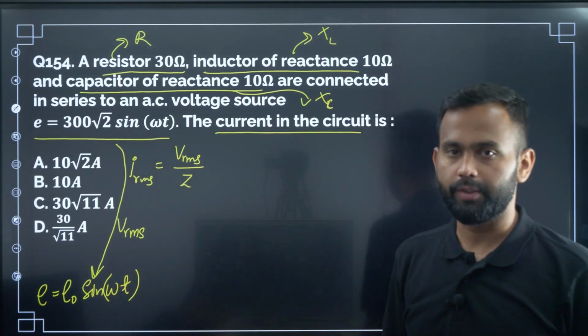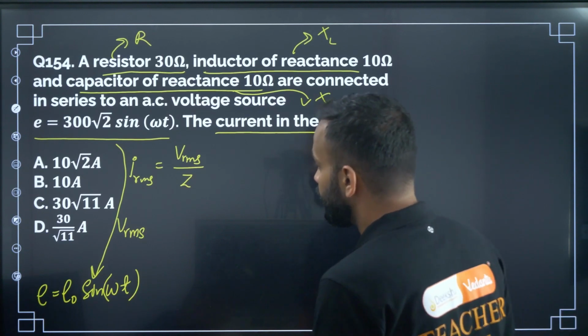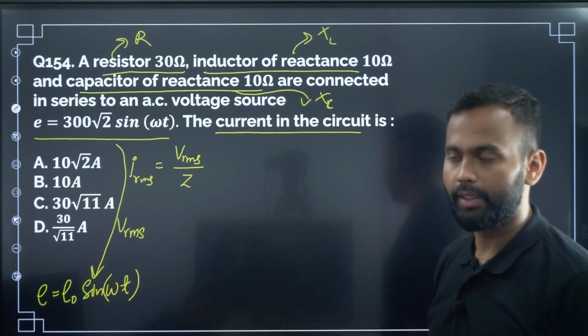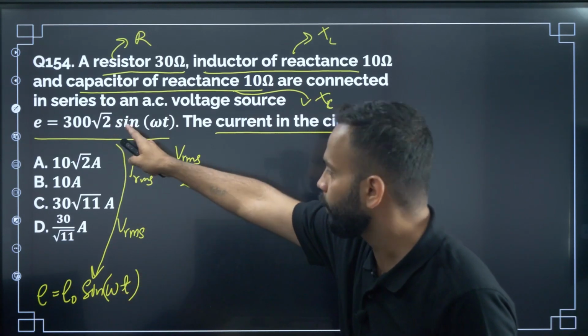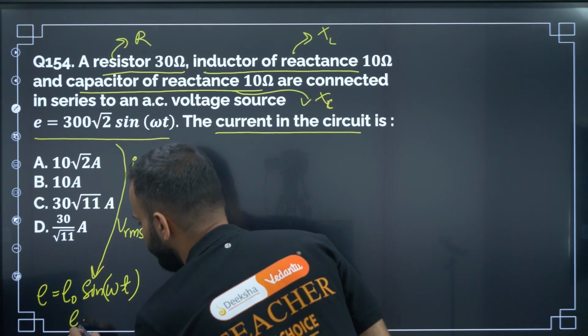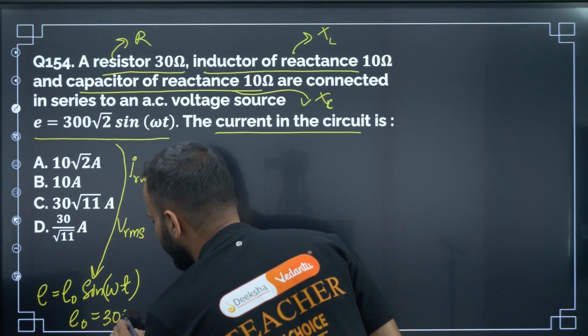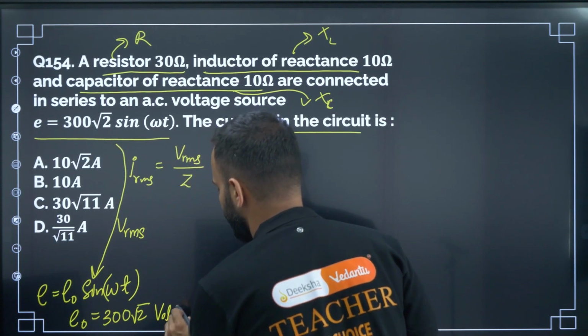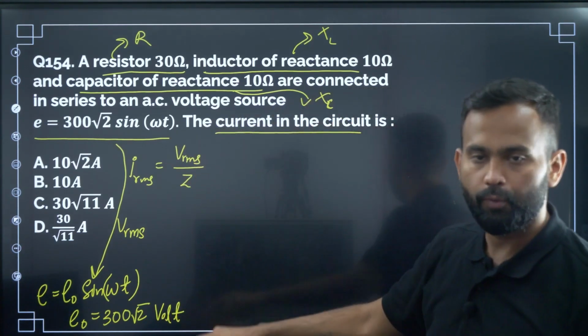Omega is angular frequency, t is time. So the maximum value of the voltage is 300 into root 2. You have to compare these two equations. So the maximum value of the voltage E naught is equal to 300 into root 2 volt.